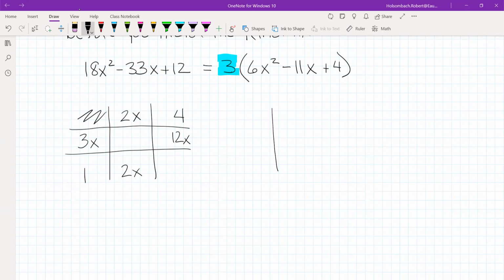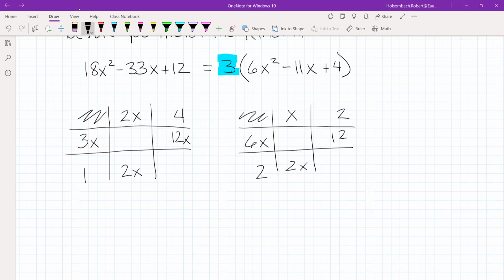So let's try 6x and x. And if I do a 2 and a 2, I get a 2x and a 12x. That doesn't work either, does it?